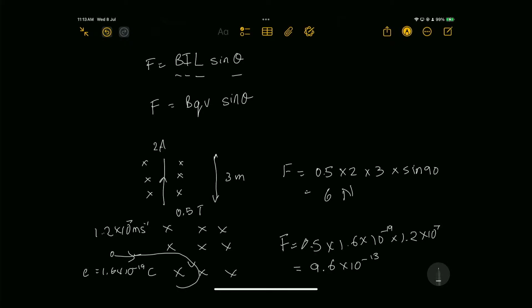And the unit is newtons, right? So always make sure to write the units as well.